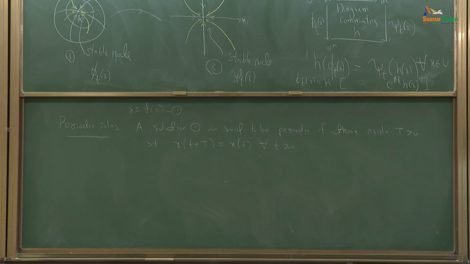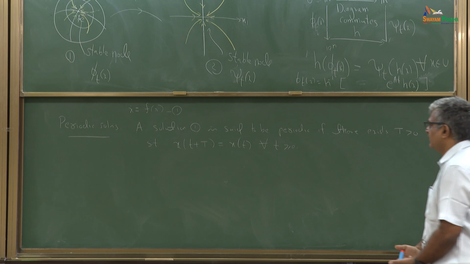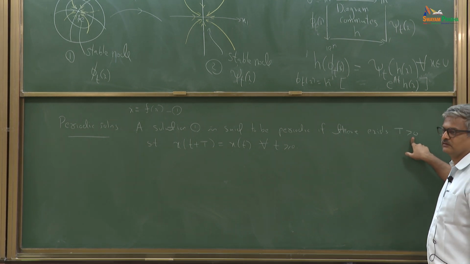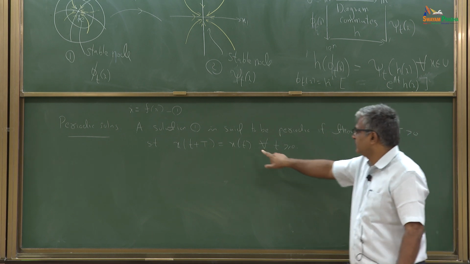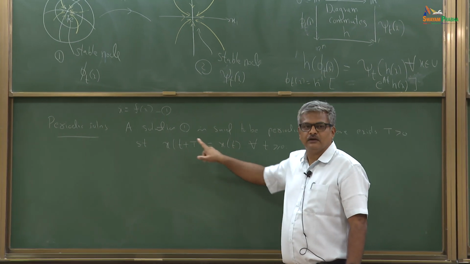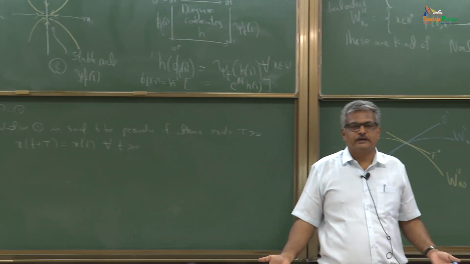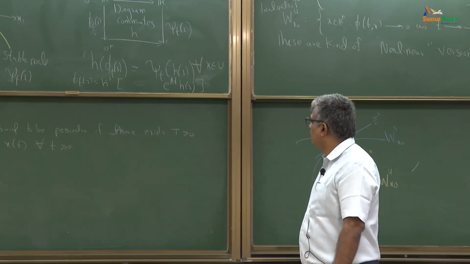I mean, it comes back to where it started for every t which is strictly greater than 0. Right? The solution repeats itself, right? Every after a period of capital T seconds, right?